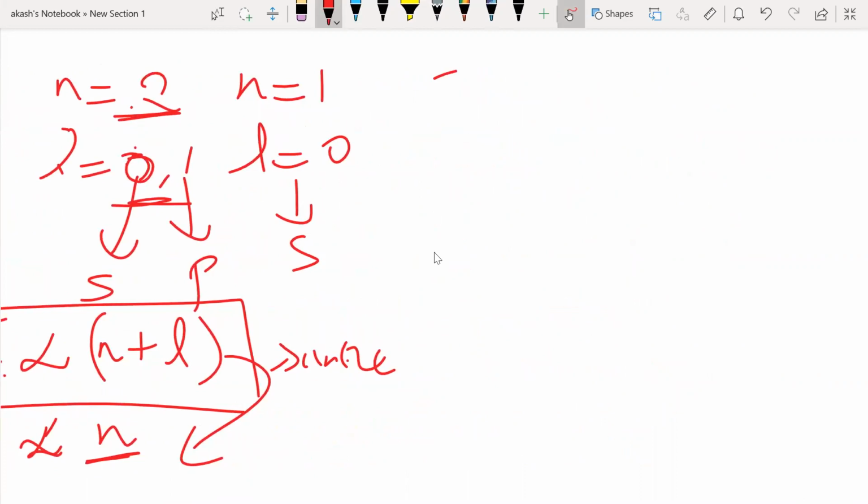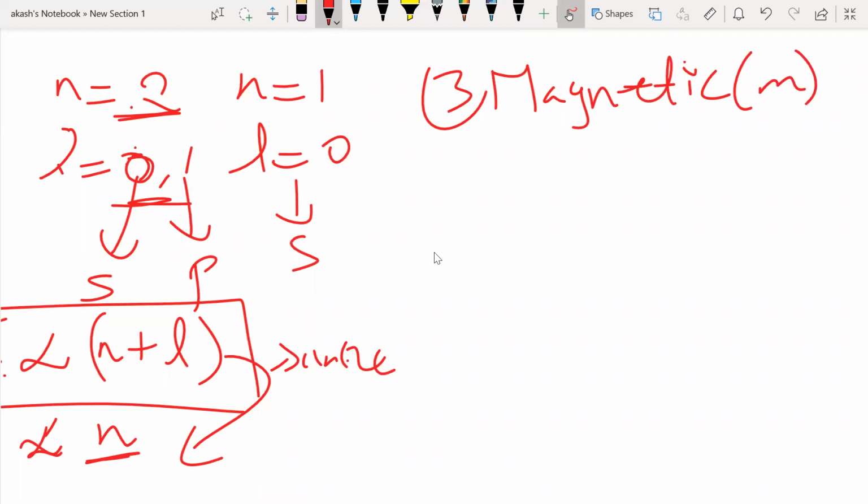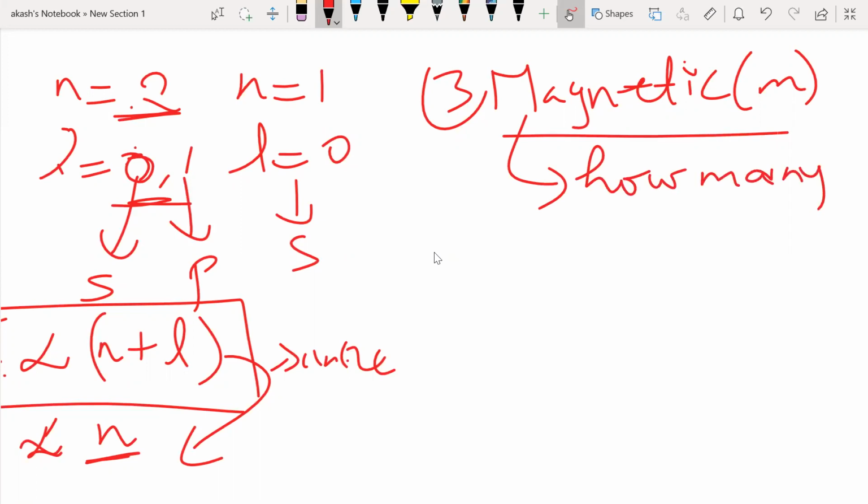Then comes your magnetic quantum number. It is denoted by the letter small m. Now this magnetic quantum number tells me how many electrons can be placed in a particular subshell.